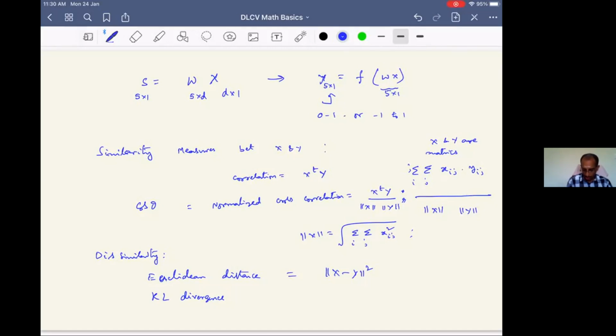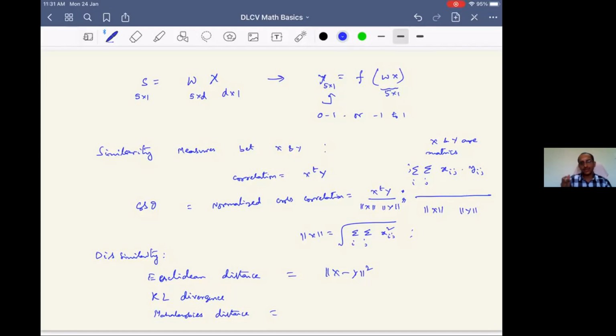Hope you also know about Mahalanobis distance. Essentially, when X and Y are both random variables, you can also measure their distance, or how a particular random variable varies from the other, through Mahalanobis distance.